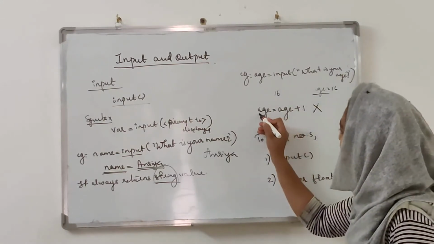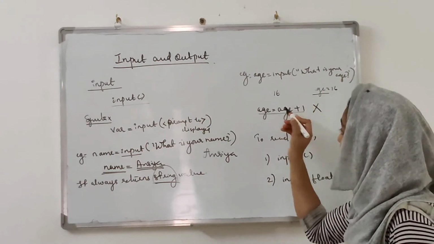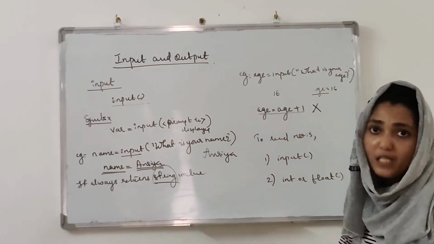Now I am going to perform this operation, where I try to increment the value of age by 1. That is age = age + 1.